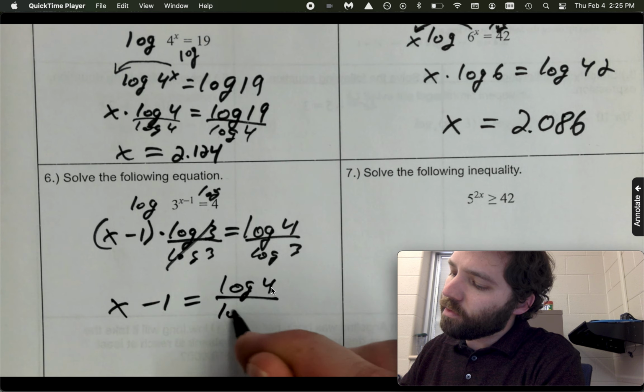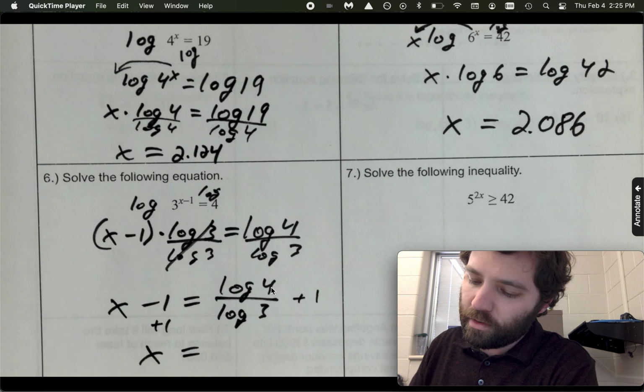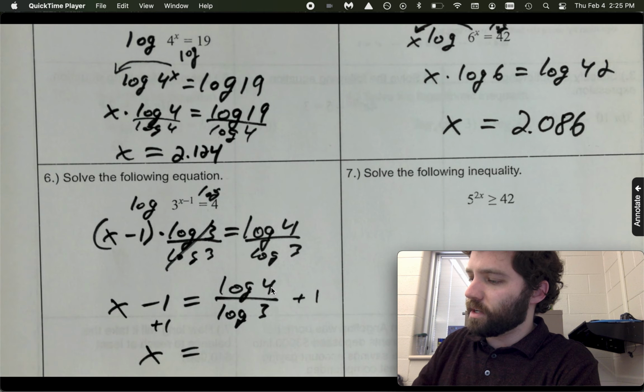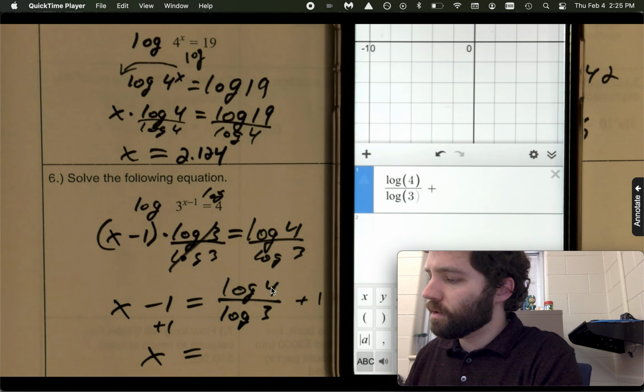That's just a number that I can figure out in the calculator, and then I'll add 1 to both sides. So here's what I get for x: log 4 divided by log 3 plus 1. I can actually just put the entire expression in Desmos, and we get 2.262.